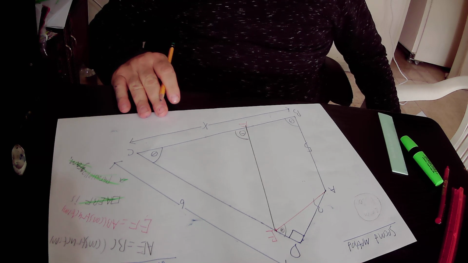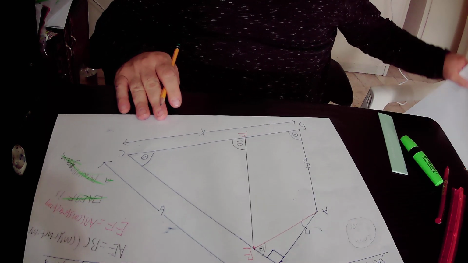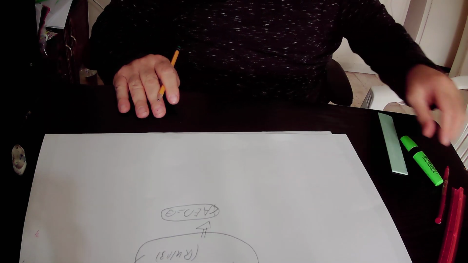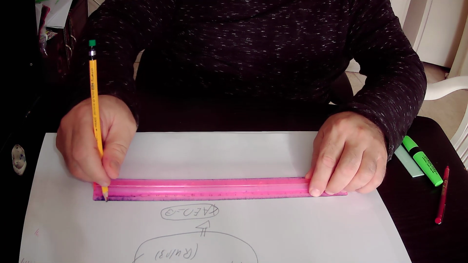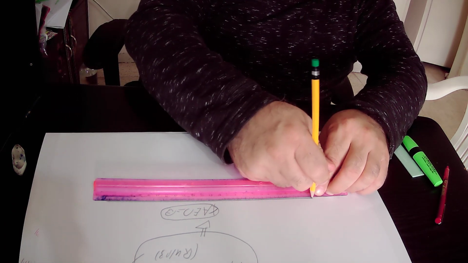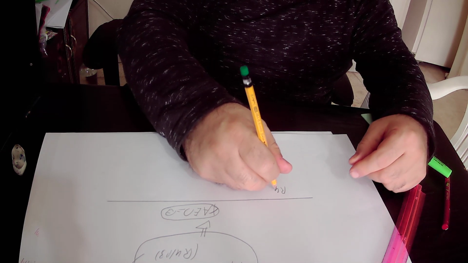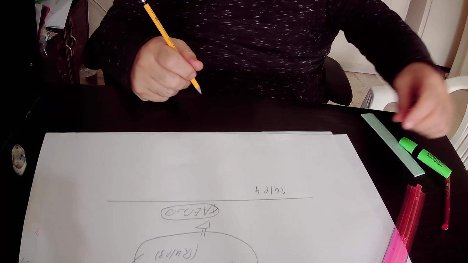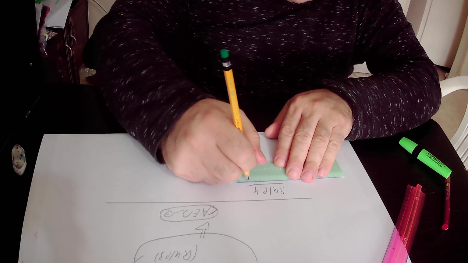In the next step, I will present to you a new rule that is actually rule number 4. According to rule number 4, the opposite sides of a parallelogram are equal to each other. I write it down.